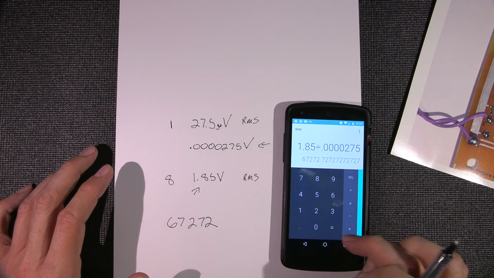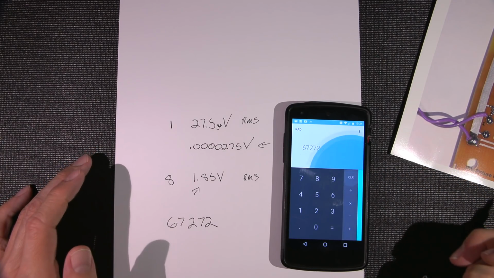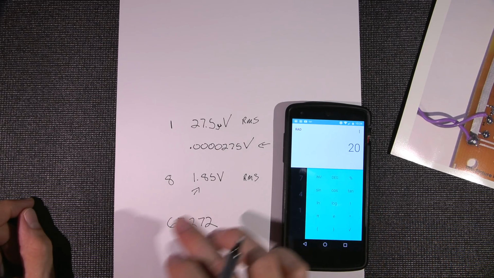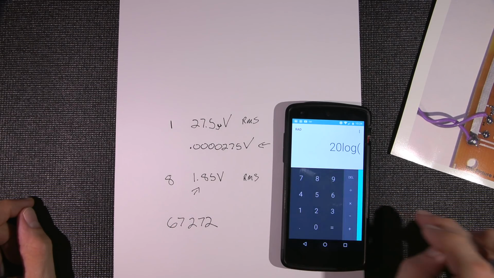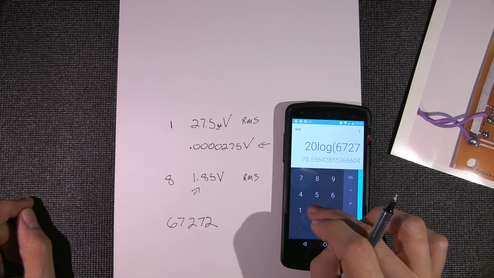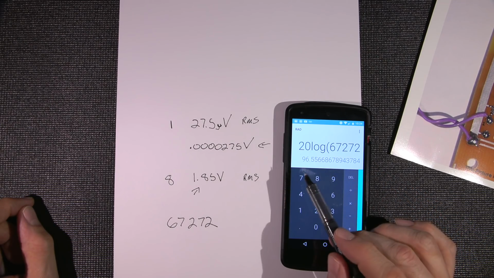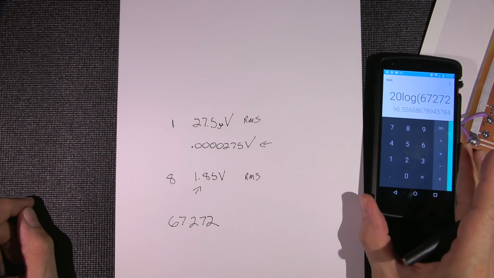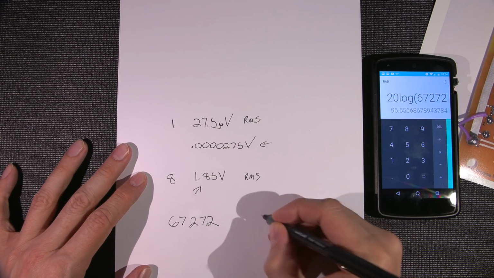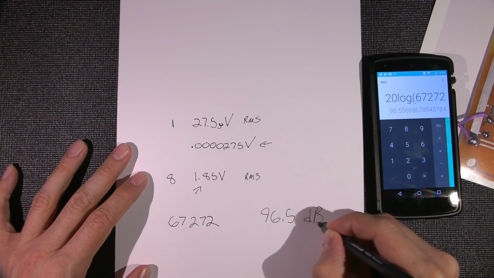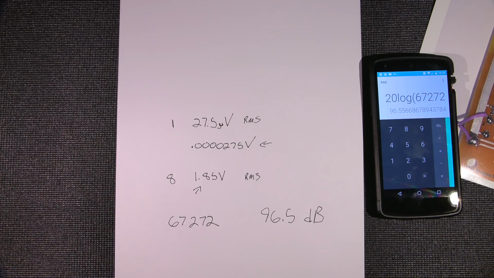Now to calculate this into gain is very simple. We go 20 log 67,272 gives us 96.5 dB gain. That's a lot of gain. So we got 96.5 dB gain. And that's how simple it is to do this process.